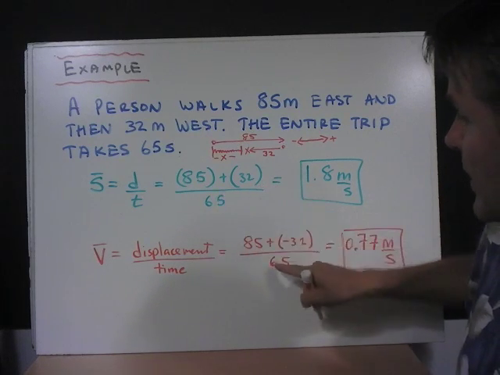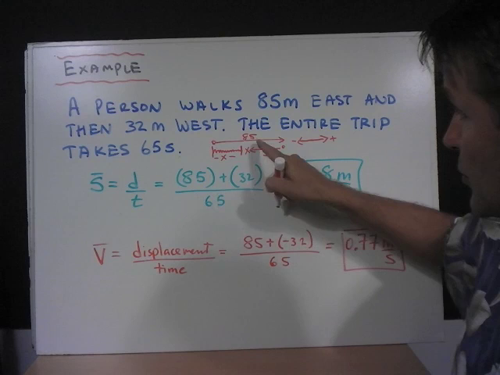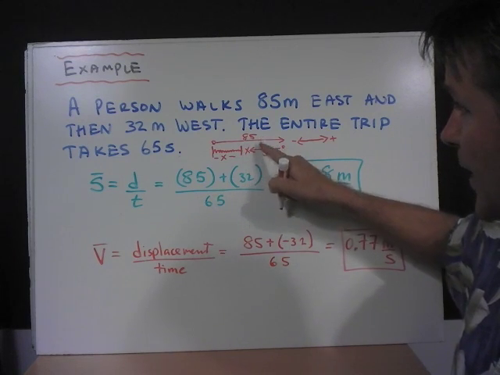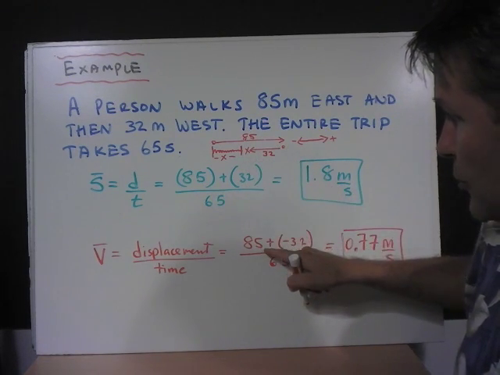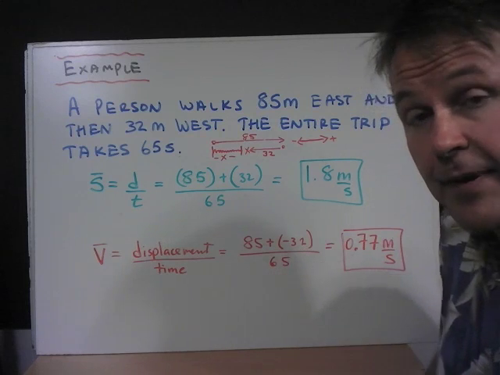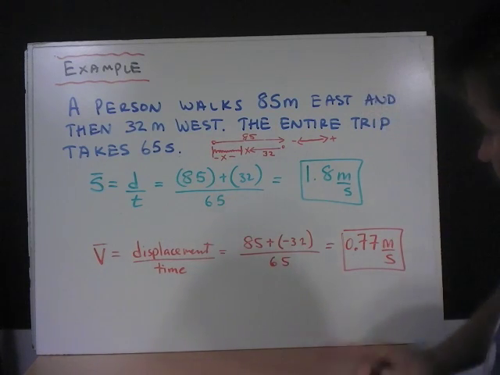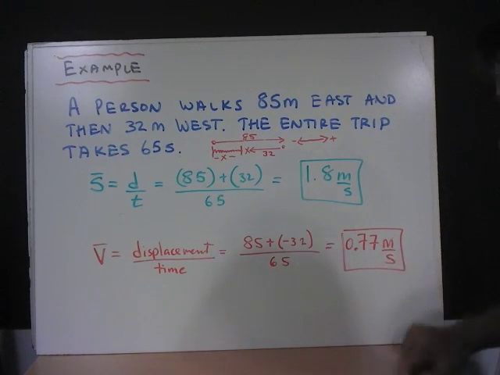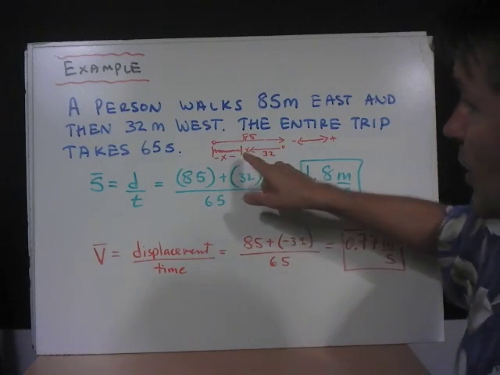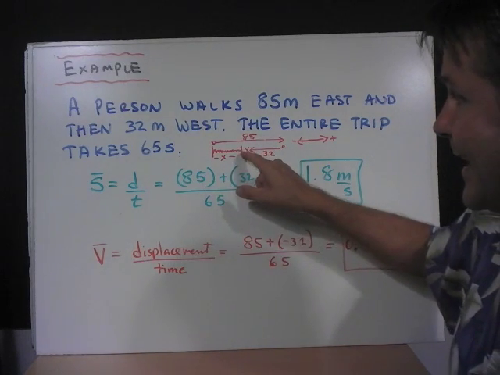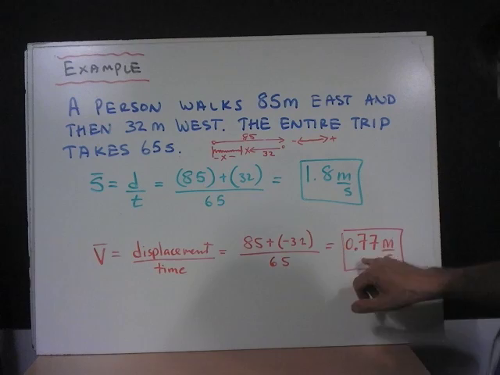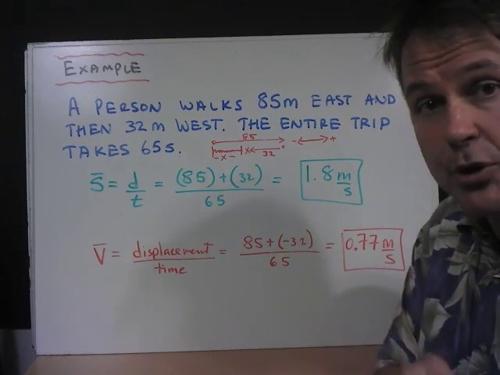So the way we figure this out, instead of adding the two numbers, we're taking 85 and subtracting 32 to figure out the displacement and dividing it by the time interval. And that works out to 0.77 meters per second. So the velocity to get to this point, we're actually traveling a smaller distance per unit time.